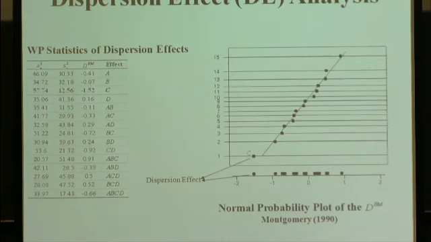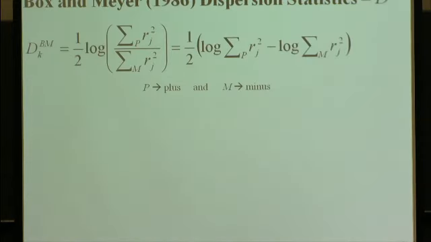Since this measure has approximately a normal distribution, Montgomery suggests using all the quantities in a normal probability plot. And here again we can see that the dispersion quantity related to C stands out from the remaining points, reinforcing the previous graphical analysis that contrast C appears to have a dispersion effect going on. The statistic of Box and Meyer is very simple.